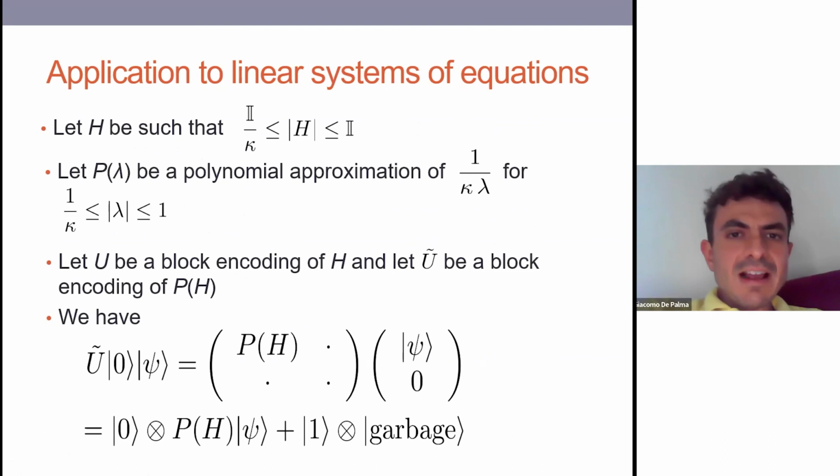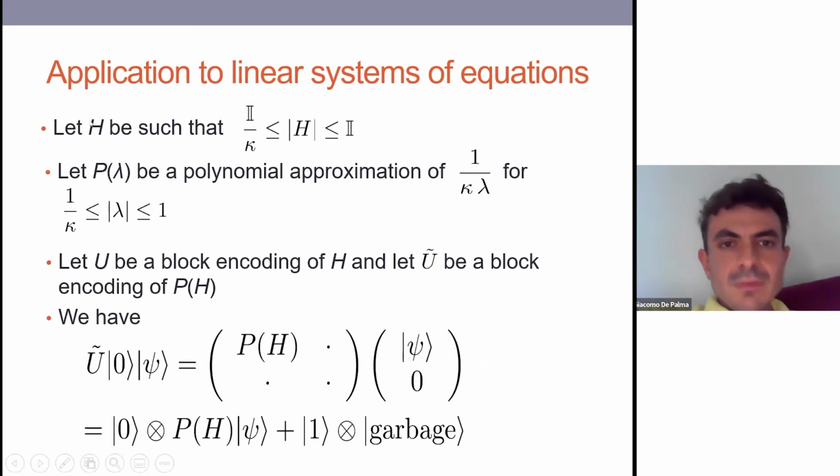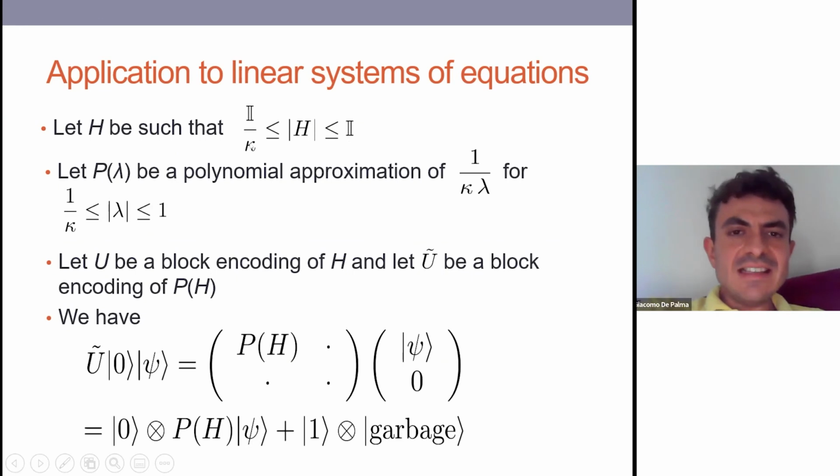Okay, how do we apply it to find a new version of HHL? So let's take a Hamiltonian whose operator norm is less than 1, and let's say that the smallest eigenvalue in magnitude is 1 over kappa, so kappa is the condition number.